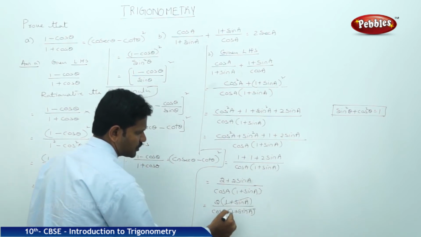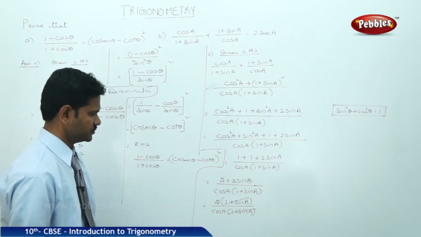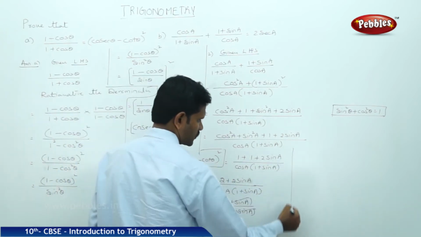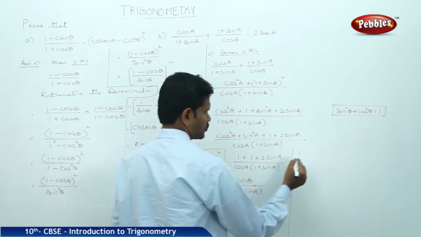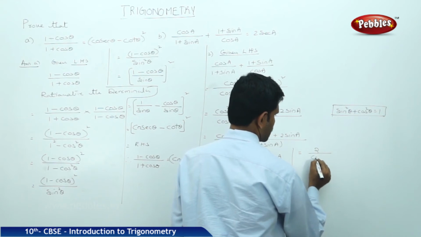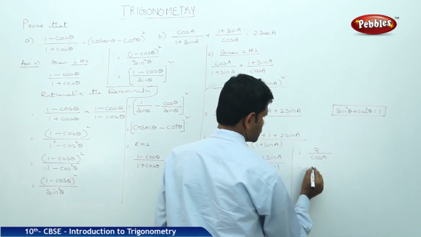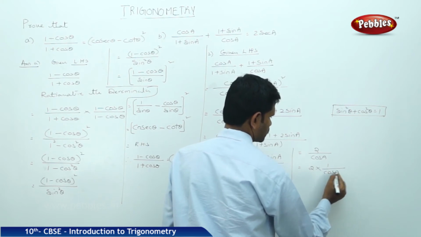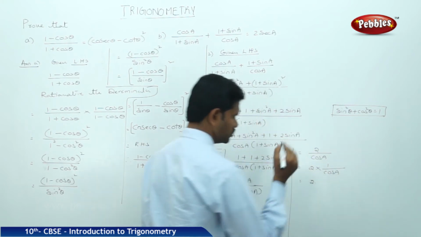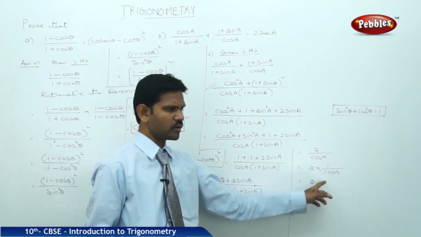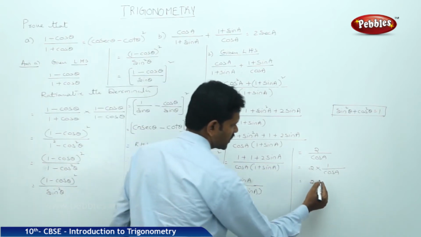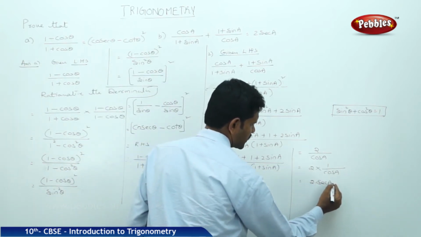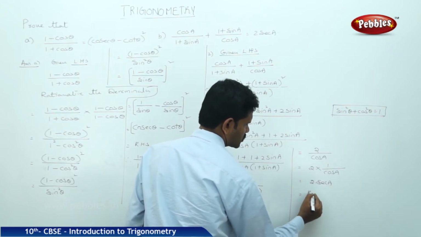1 plus sin A, 1 plus sin A get cancelled. That is equal to 2 by cos A is left, that is 2 into 1 by cos A, that is equal to 2 into 1 by cos, basic definition is secant A, which is your RHS.